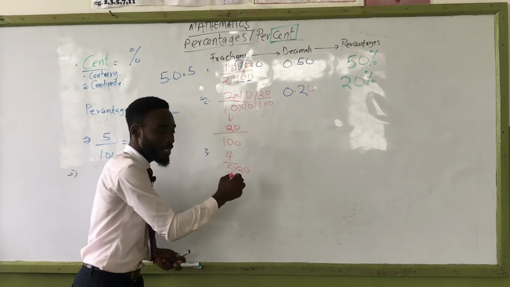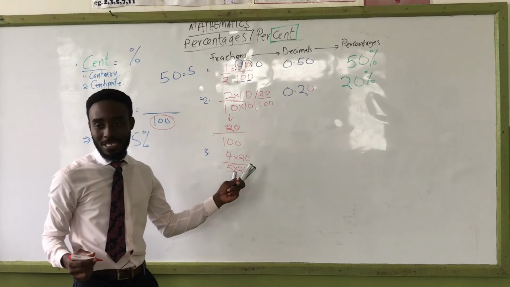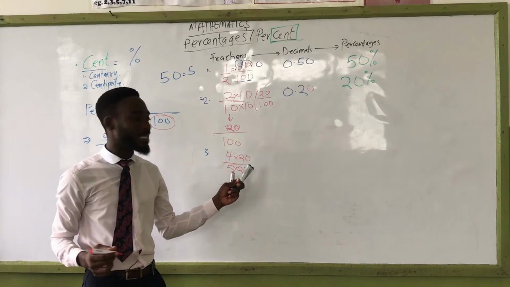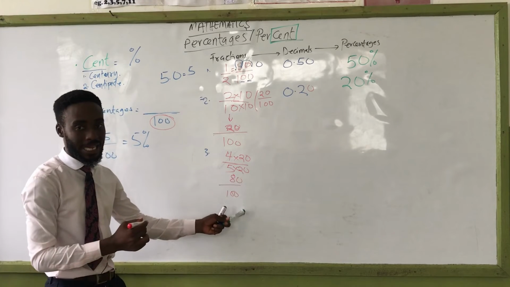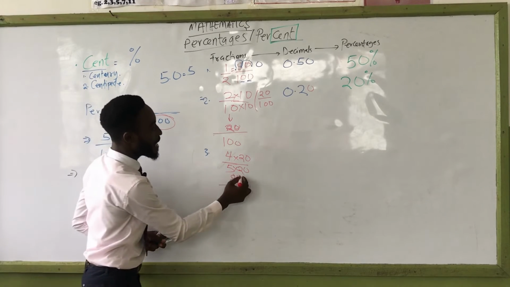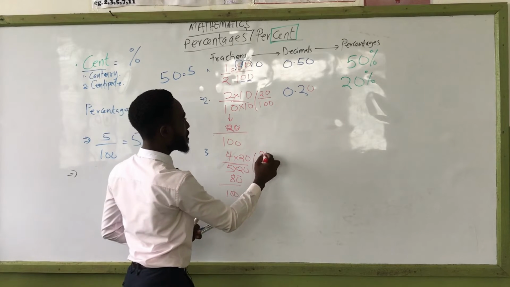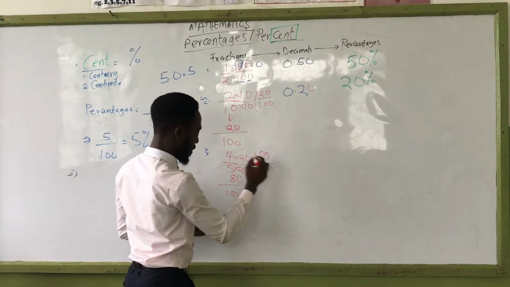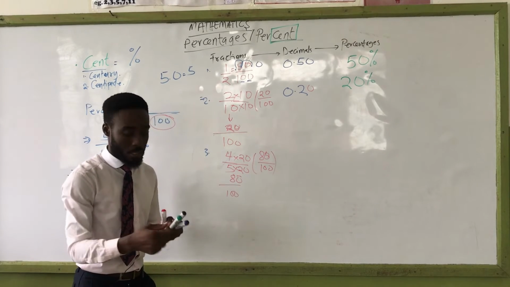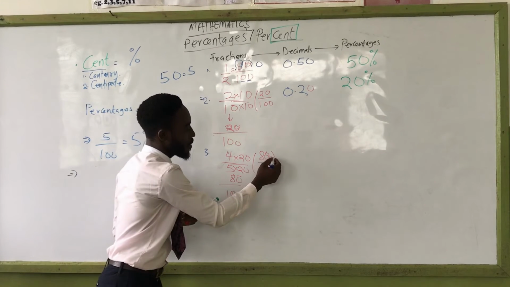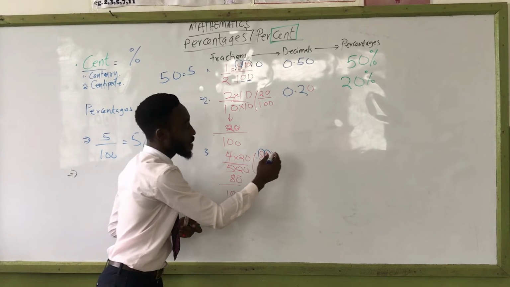So 5 times 20 is 100, and what you do to the bottom, you do to the top. 4 times 20 is 80. So if we have 2 zeros, we can write 80 over 100. How many zeros are in the denominator? 2 zeros. That means we move twice. So 1, 2. We land here. So that would be 0.80.